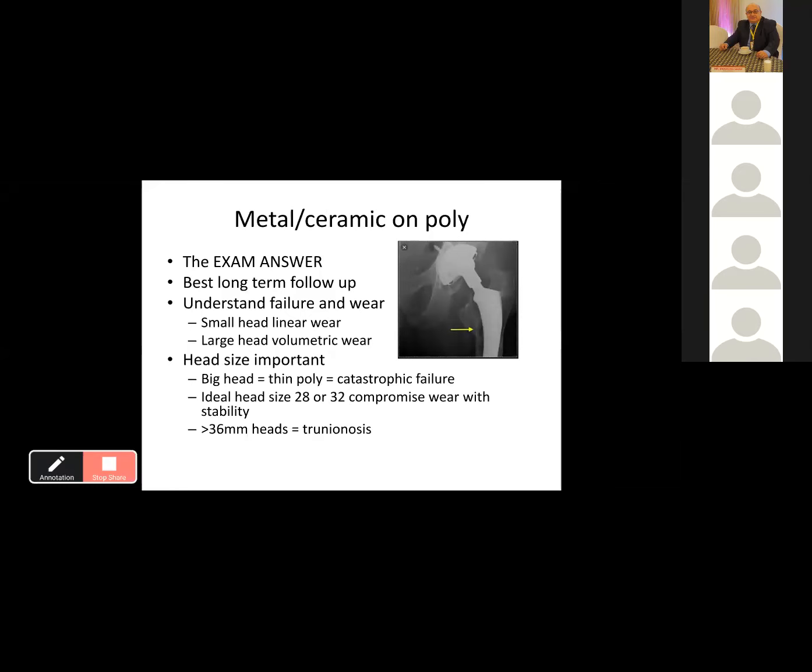So metal on poly is the longest follow-up, and it works incredibly well. And with the new highly cross-linked polyethylenes, the wear rates are even better than they used to be.